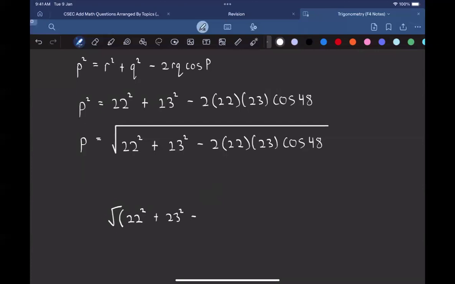You're basically putting it in exactly where you're seeing. Minus 2, open bracket 22, close bracket, open bracket 23, close bracket. You're gonna put cos 48, and then close off your bracket. Don't forget to close off your bracket. So exactly where you're seeing, plug it in.